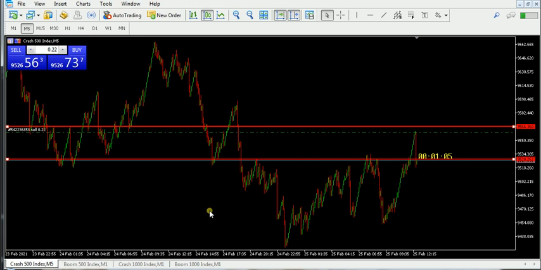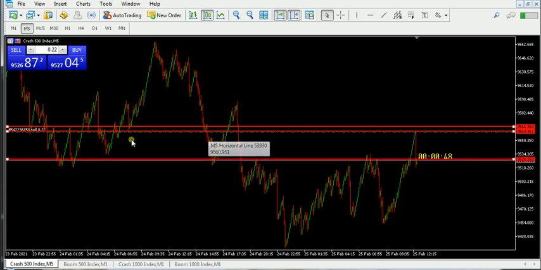So to time yourself very well, this point is also another point where you can place your trade. That is why I used to catch the spike. One was here, another one here, then another one here.